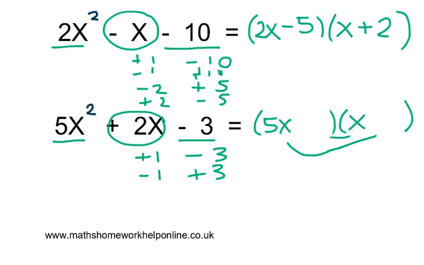So if the 3 was in here and 1 here, that would give us 3x and 5x. So that way we could make 2. We just need to work out the signs. So we want to make plus 2x, so it needs to be plus 5x and minus 3x. So therefore the plus must go here and the minus must go here.